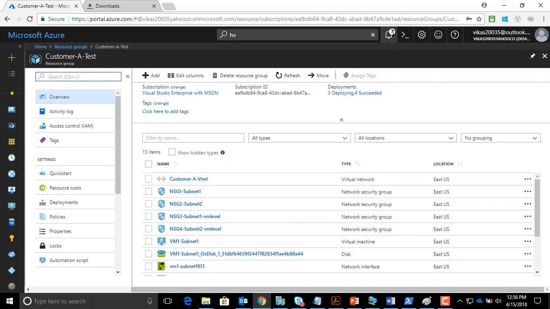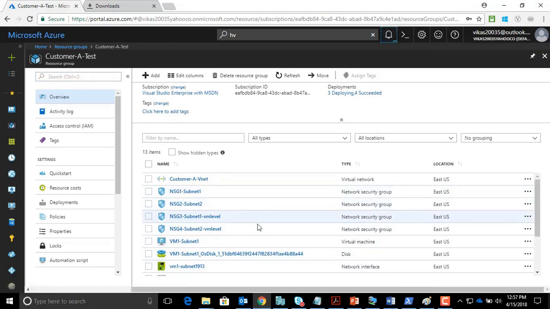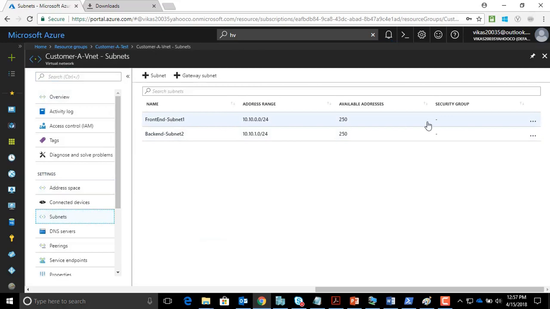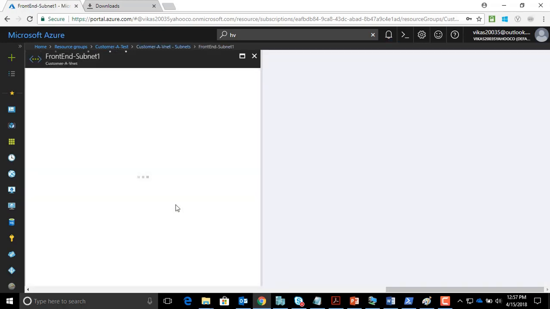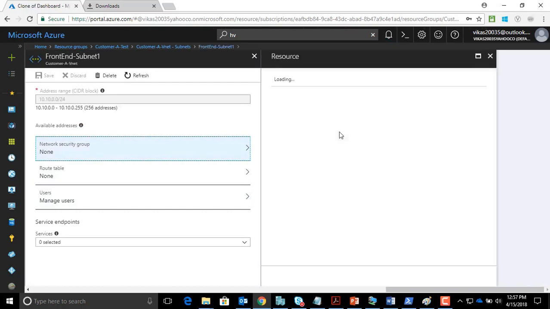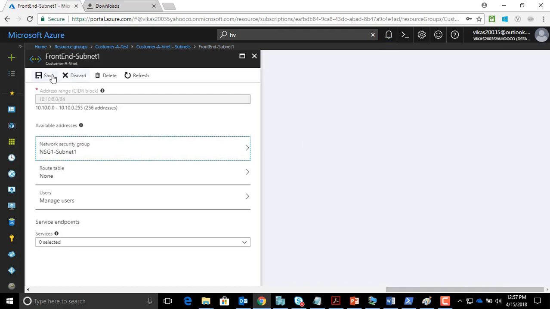Let me attach a couple of NSGs at subnet level. I'll go to the VNet, then to subnets. For the front-end subnet, the security group is a dash, which means it is not attached. I'll go to front-end subnet 1, click on NSG, link NSG1 for subnet 1 and save.